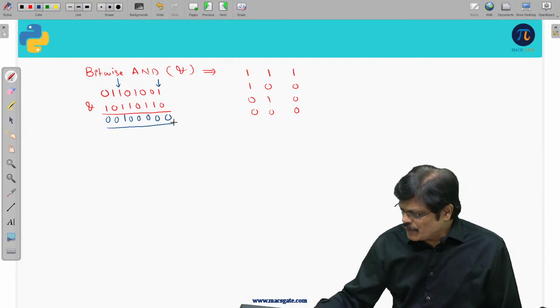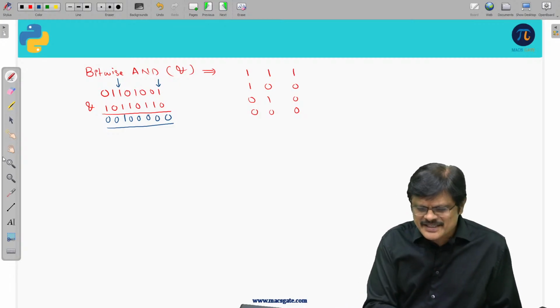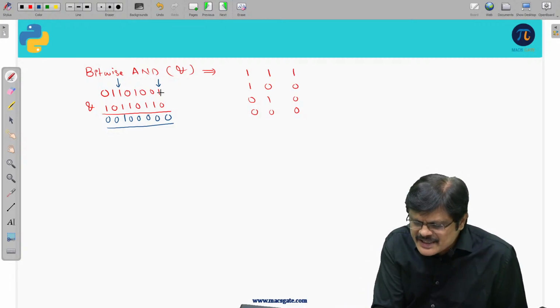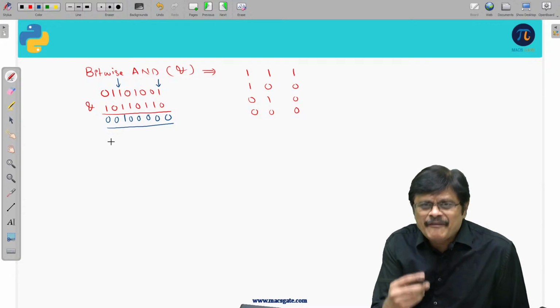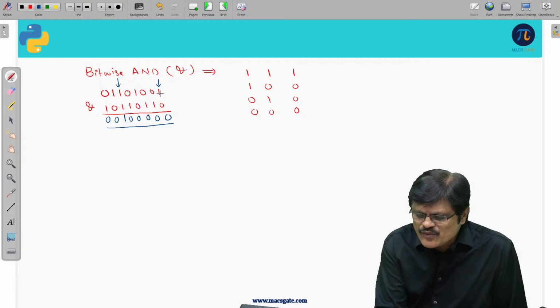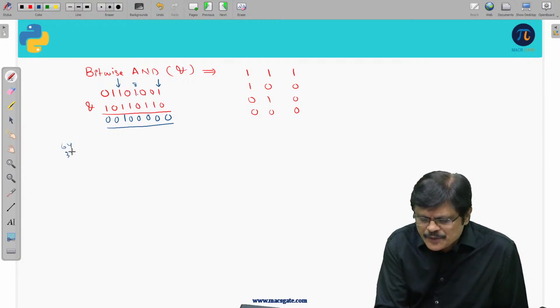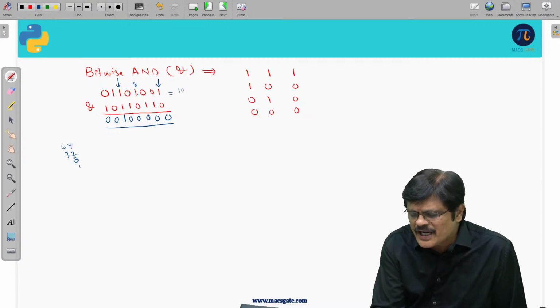If you want, you can verify this, and if you want to know what this number is, you can verify that too. When you have a binary representation, you can get the decimal equivalent. This is 1, 2, 4, 8, 16, 32, 64. 64 plus 32 plus 8 plus 1 is 105. So this is actually 105.